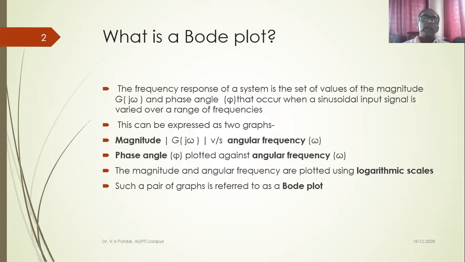Now, the Bode plot has two parts, or two graphs we draw: magnitude of G. What is this G? G is the transfer function of a system. Now, G of S, as I discussed earlier, is the Laplace transform of my transfer function.